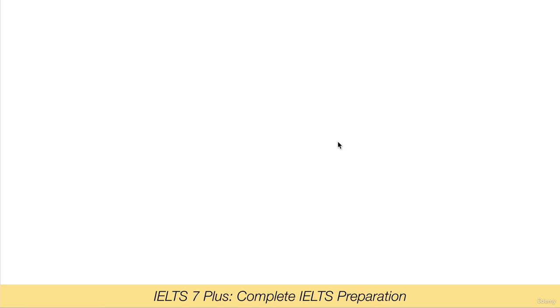So today we are going to look at two task 1 questions for the IELTS part of the writing exam. So if this is something that you're looking at, maybe you've booked your IELTS exam and perhaps you just want more tips on how to answer the task 1, maybe you're struggling on how to structure the task 1, what to do with an overview. Well, hopefully all of your questions will be answered today.